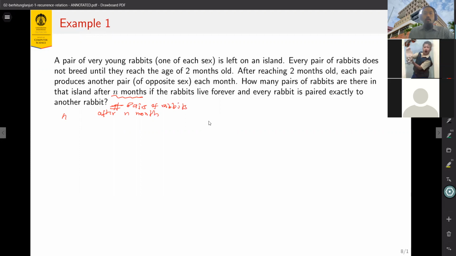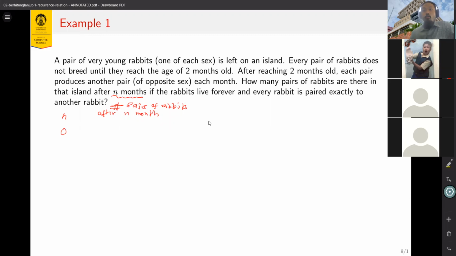After the 0th month, how many pairs do we have on the island? One. Only one pair, right?